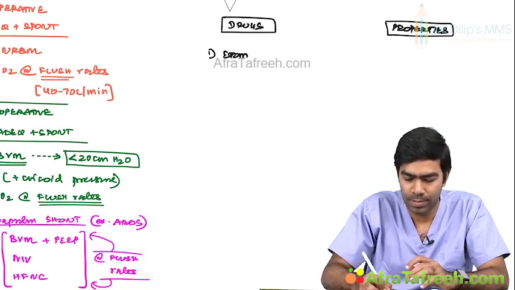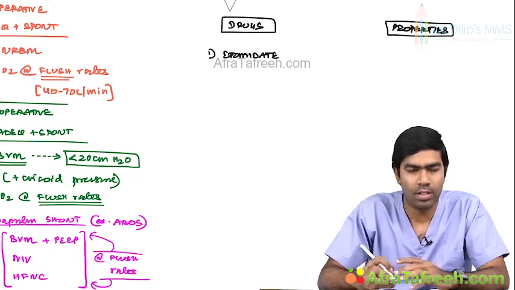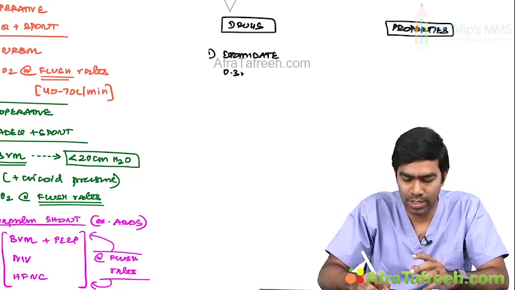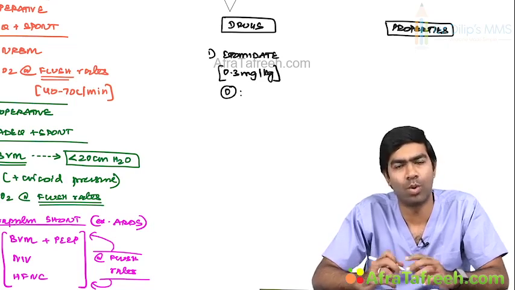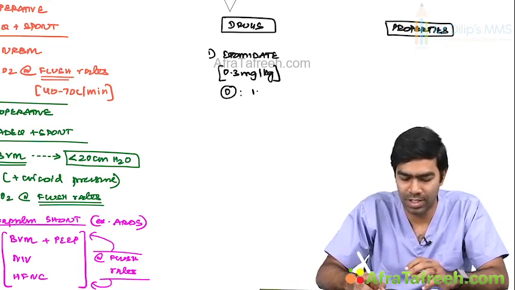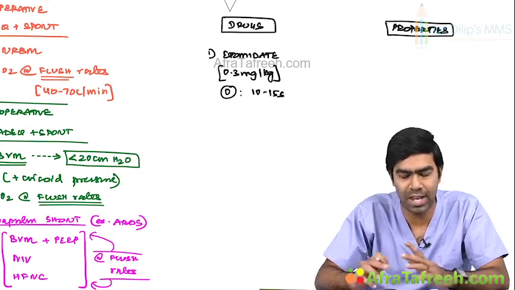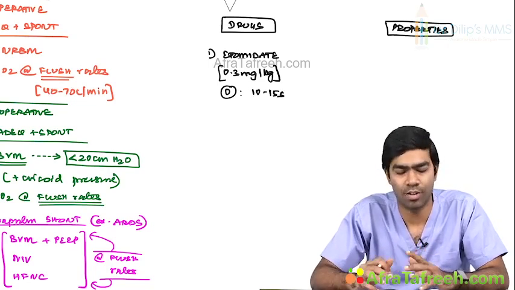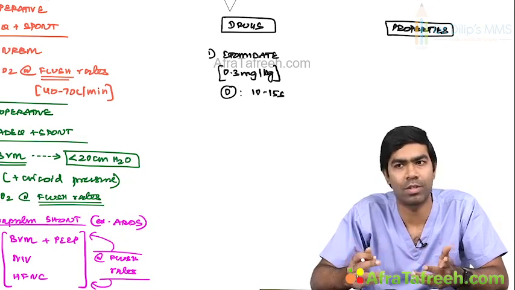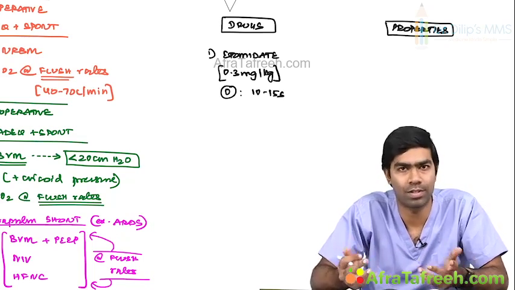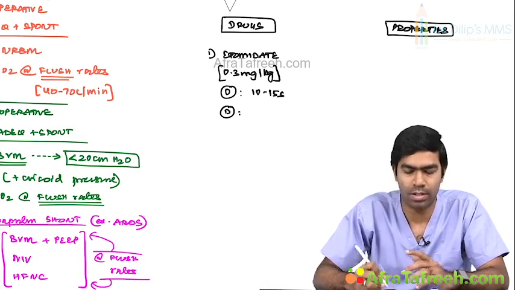First one is etomidate. The dose of etomidate is generally 0.3 milligram per kilogram. It's an ideal RSI drug because the onset of action is within 10 to 15 seconds, which means in RSI you expect a fast onset because there is no time. You want to do it very fast. Duration, again, is very short.